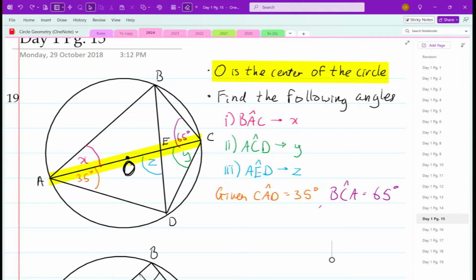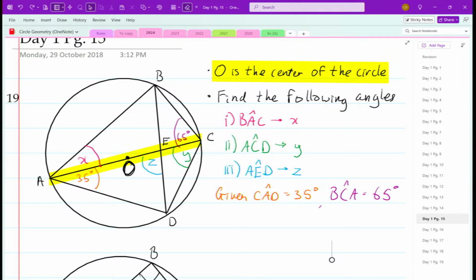And then, for when you're looking for Z, with the little spiny rule, this angle, 35, is also going to be the same.